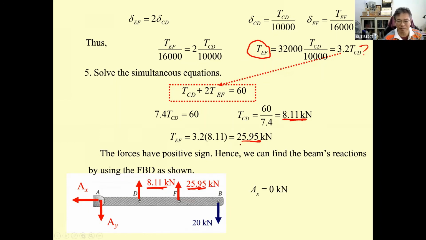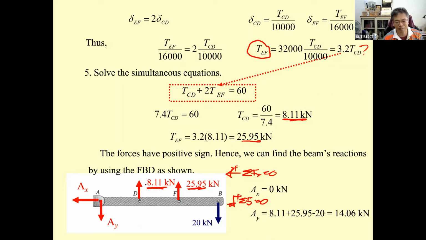Summation of F sub x equals 0 gives A sub x equals 0. Summation of F sub y equals 0: A sub y is positive, minus 8.11, minus 25.95, and then 20.